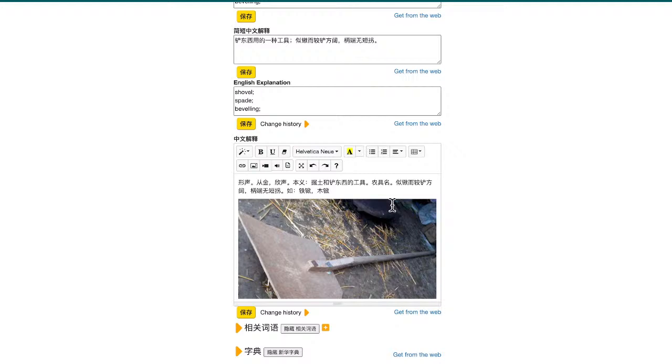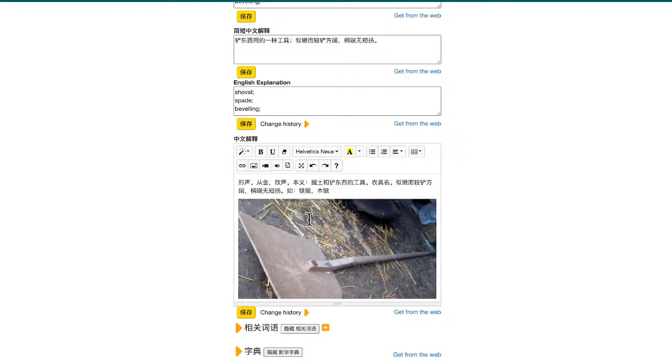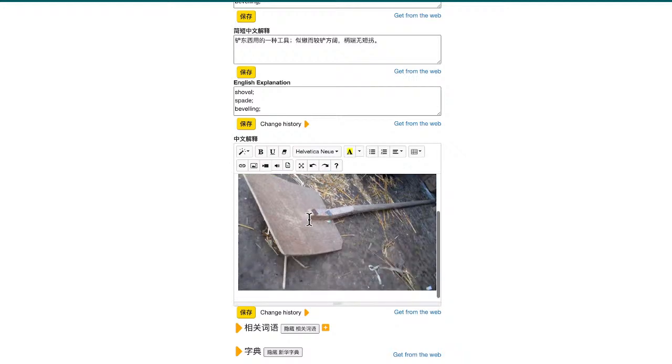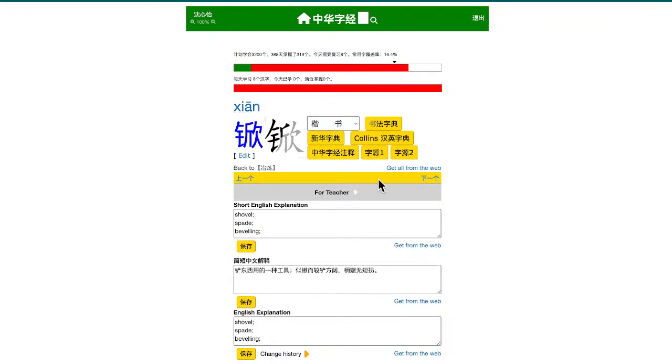This kind of thing is called a qiao. Xian usually doesn't have a short handle at the end of the stick. The usage is also different: the xian is often used for lighter things, not for very tough work. That's the difference. This is the xian.